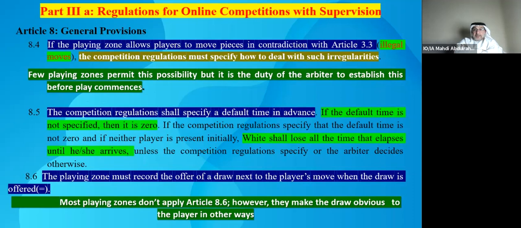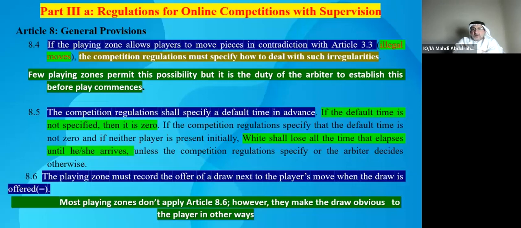If the player does not show up, they will lose by forfeit. But if the regulation doesn't say anything about default time, it will be 0. Once we start and nobody is there, it will be 0. If the default time is not specified, then it is 0.